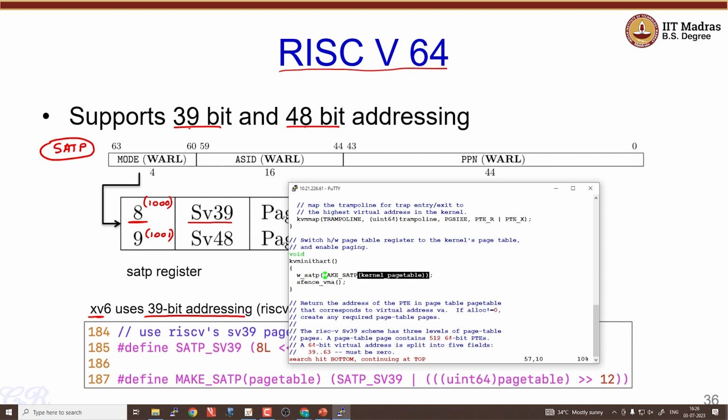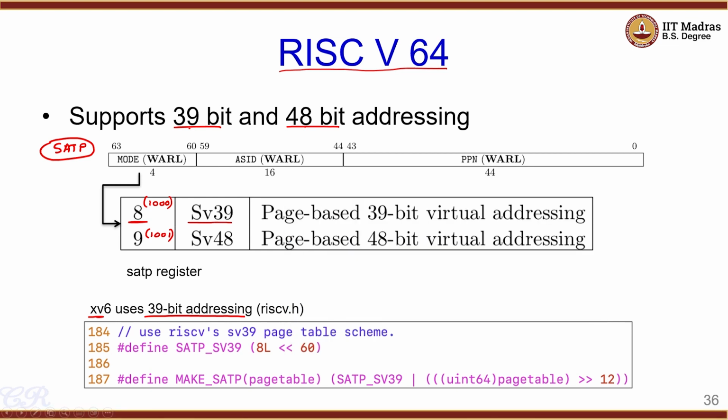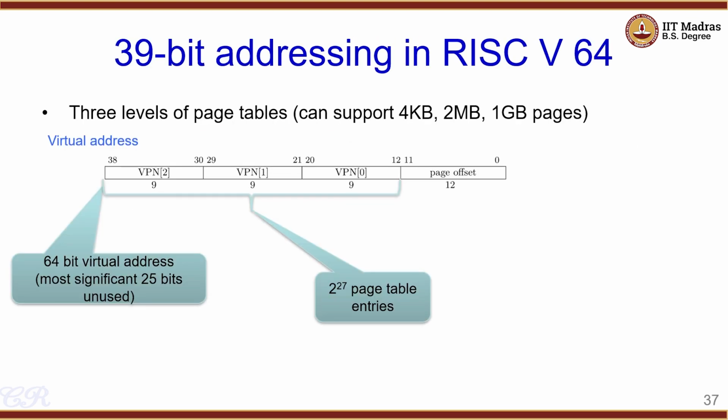So this is where you would have the page directory for your page table. Okay. So we'll get into the code a little more in detail a bit later on, but for now, with this 39-bit addressing, let us see essentially how the 39-bit addressing gets translated into a physical address, right.